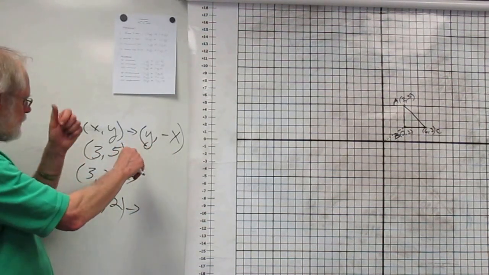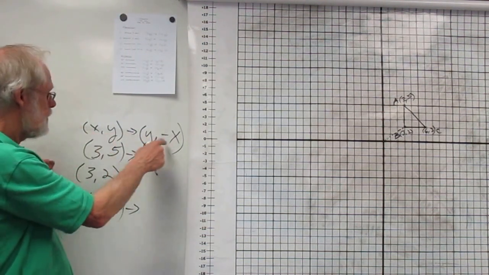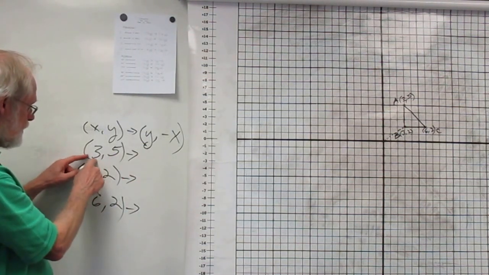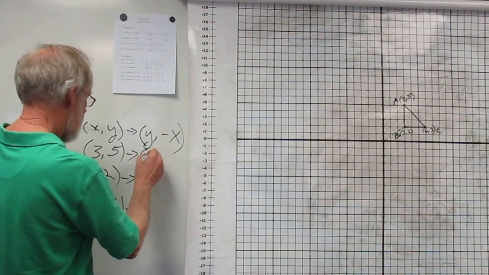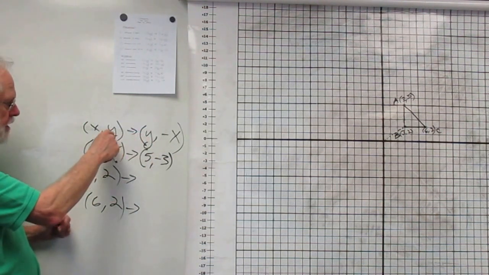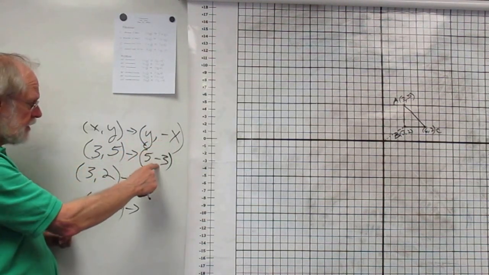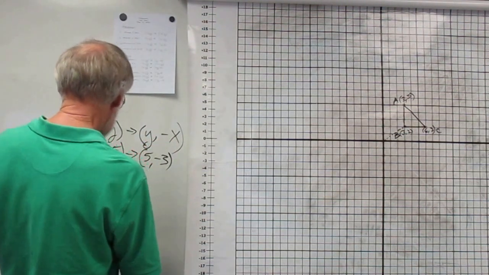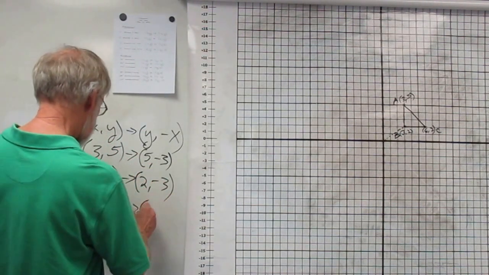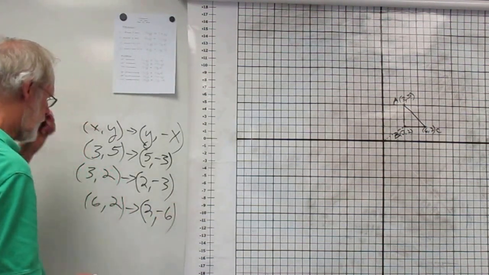What you'll notice is the x and y trade places, and the x becomes the opposite sign. So I take (5, 3), but then the 3 becomes negative. So this point is (5, negative 3). I put the y in the x position, and the x in the y position and changed its sign. I'm going to do the same thing here. This one becomes (2, negative 3), and this one becomes (2, negative 6).